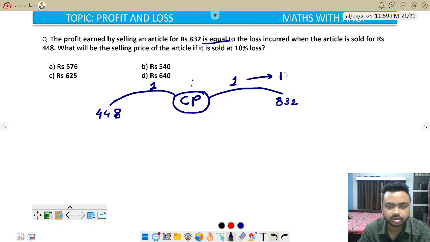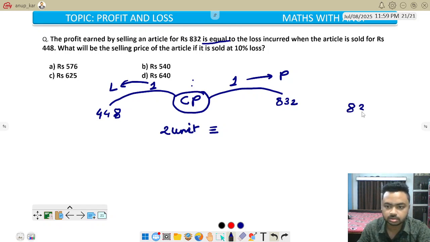This is my profit ratio and this is my loss ratio. As they have told equal, it will be 1:1. So for finding the cost price, it will be 2 units. Why 2 units? Because 1 plus 1.